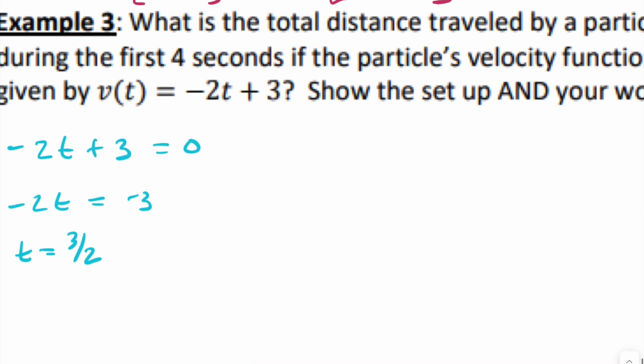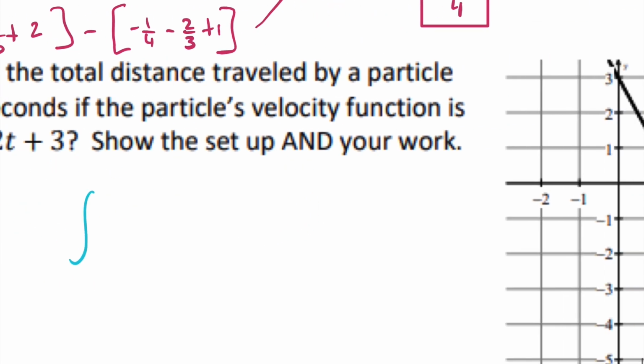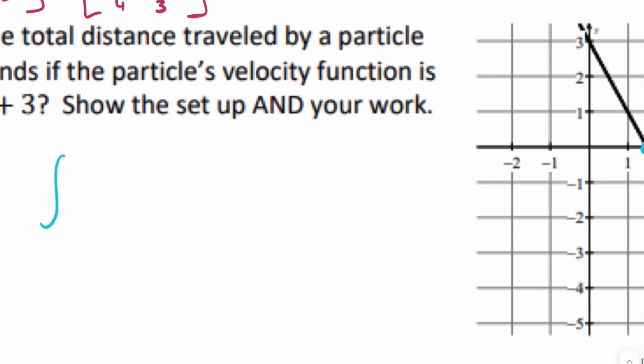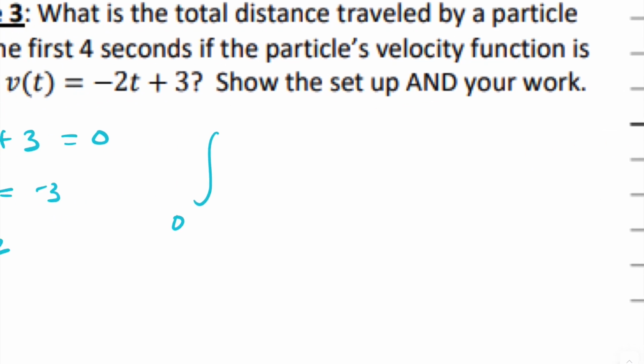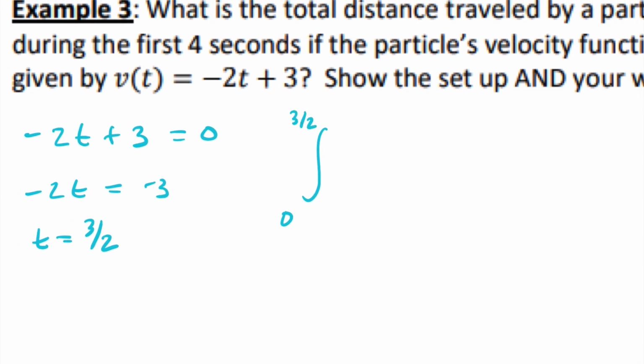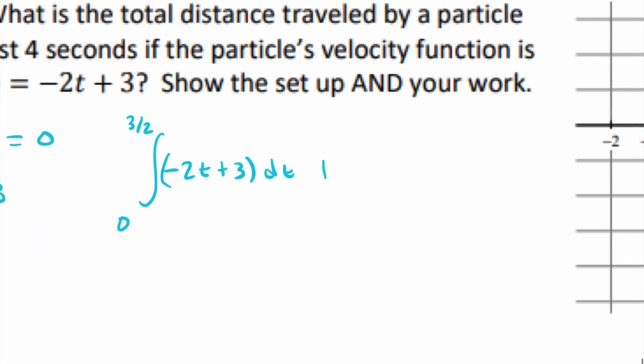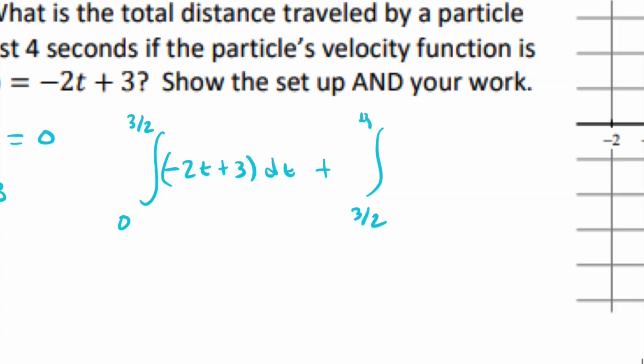So we're going from 0 to 3/2 of negative 2t plus 3 dt, and we'll add to it 3/2 to 4 of negative 2t plus 3 dt.